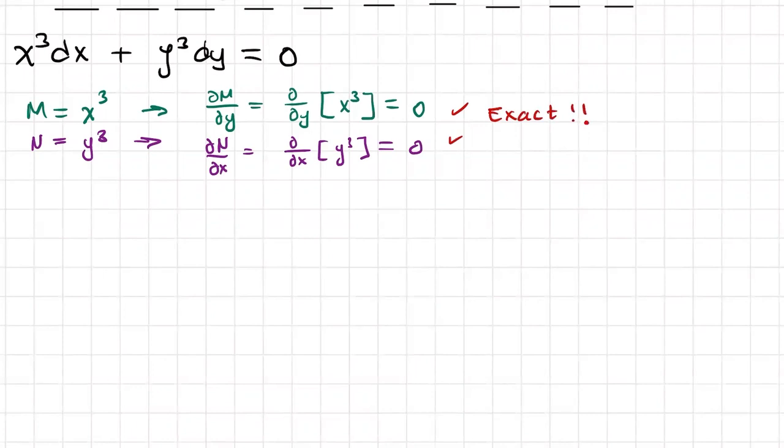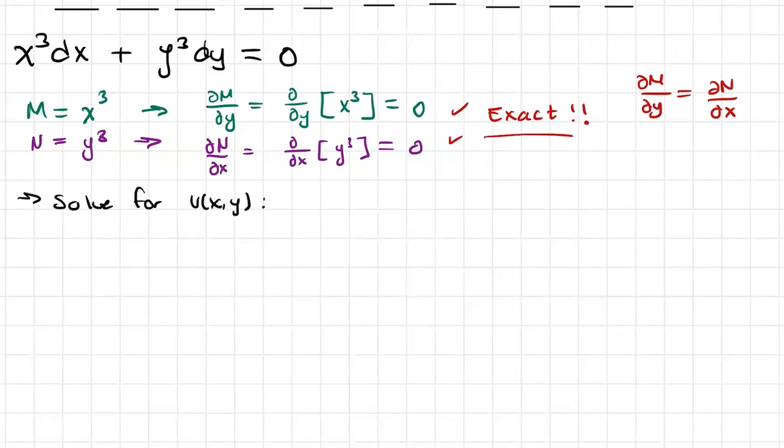So since they are exact, then we can actually solve them. All right, we have proof that partial M partial y is the same as partial N partial x. So that's what happened. They are exact. So our next step will be to solve for u of x and y.